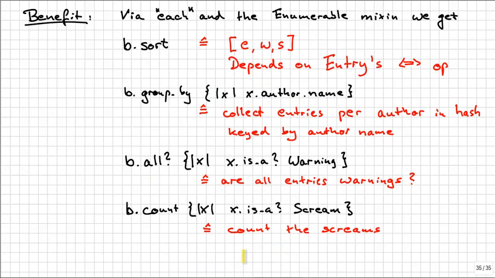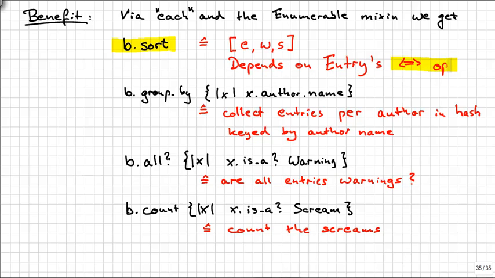By defining the each method and using the enumerable mixin, we get a number of methods that are extremely useful. For instance, we can now call sort on the blog, and we can do so not only because of the each method and the enumerable mixin, but also because we have defined the comparison operator for entries.